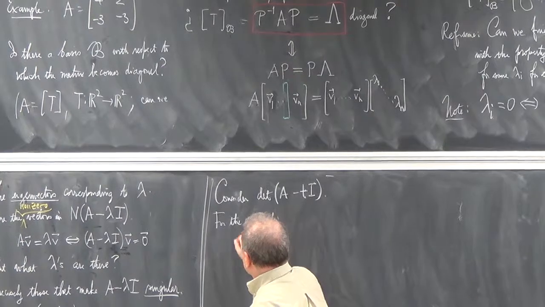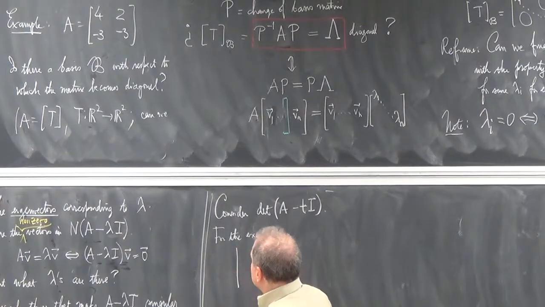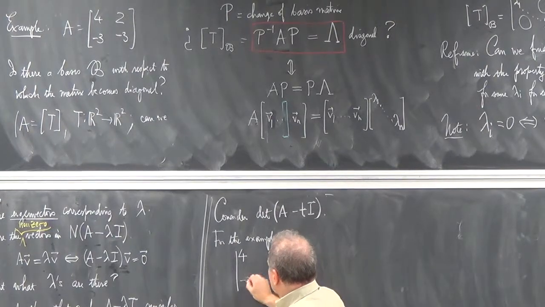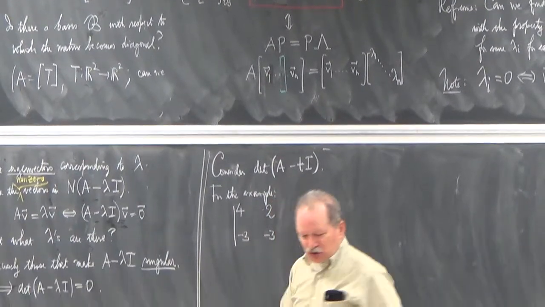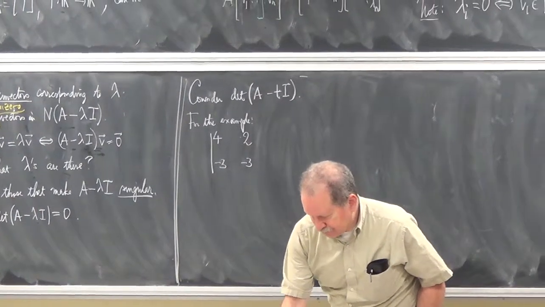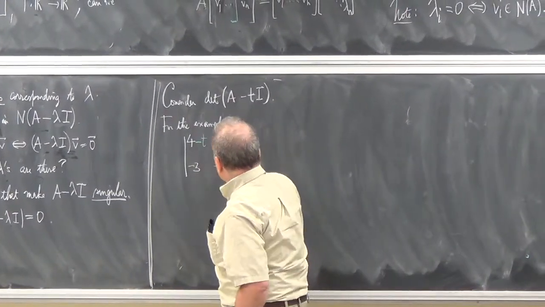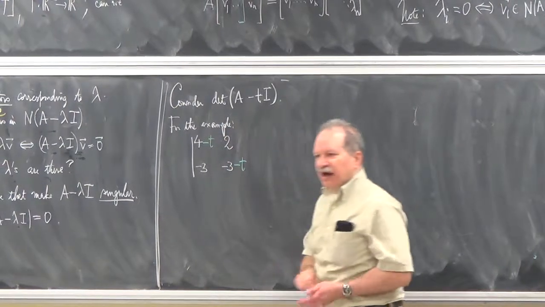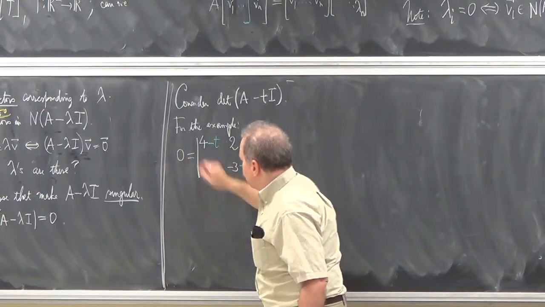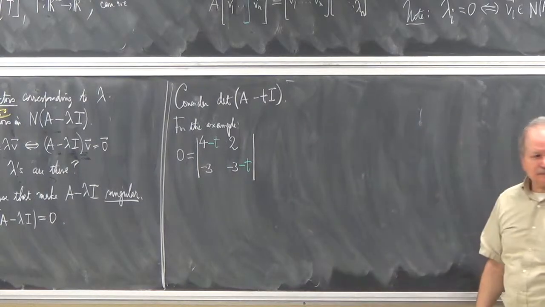I write down my little matrix, but then I want to subtract t times the identity. So 4 minus t and then 3 minus t. So I put minus t on the diagonals. And then I want to solve for when that's 0.